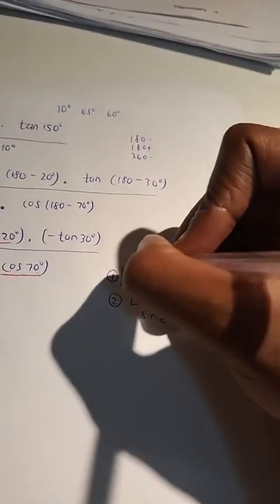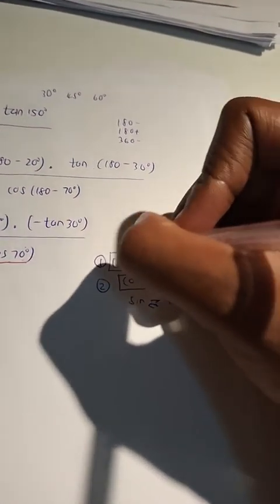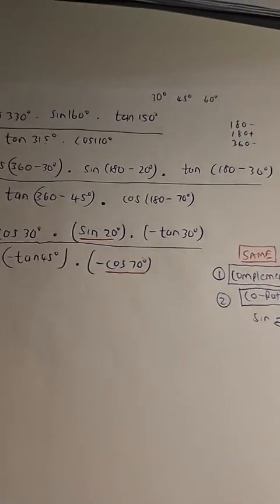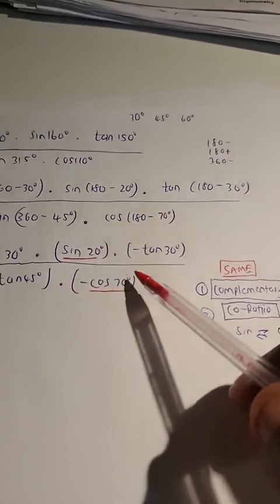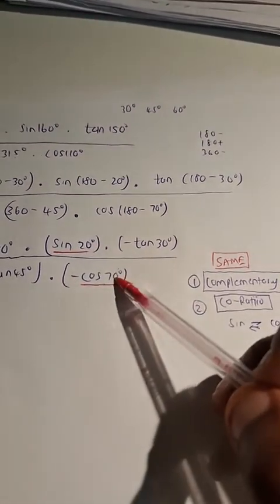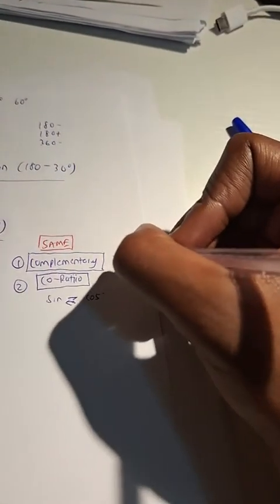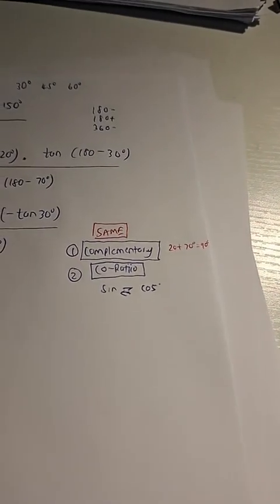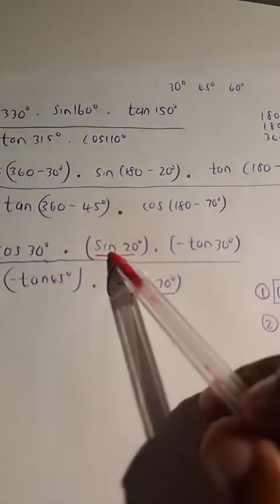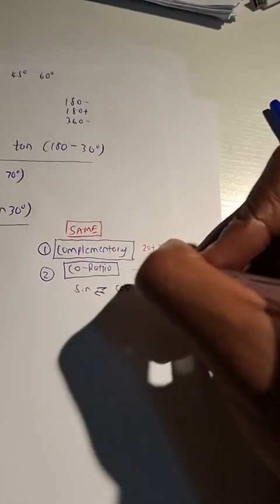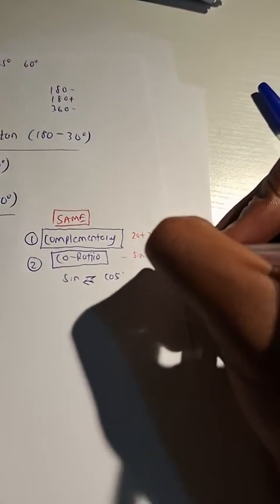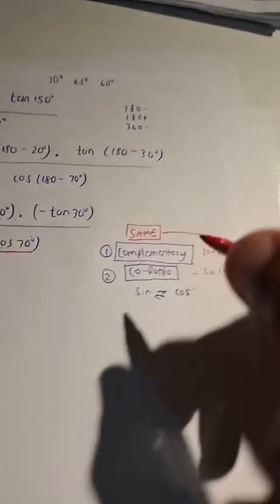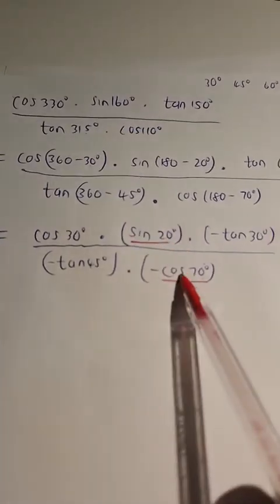Because they are complementary co-ratios. 20 and 70 are complementary angles. Doesn't 20 plus 70 equal 90? Yes. Sine and cos are co-ratios.